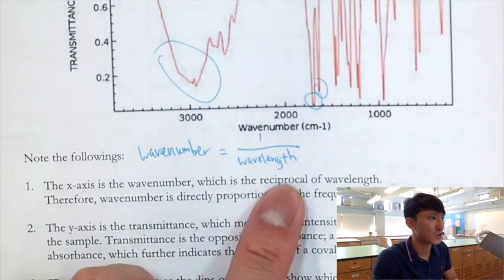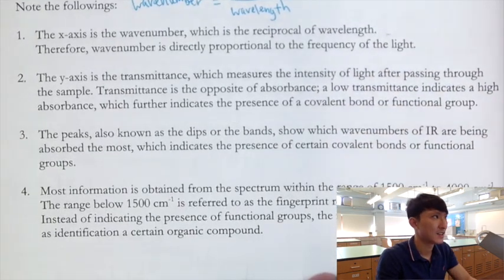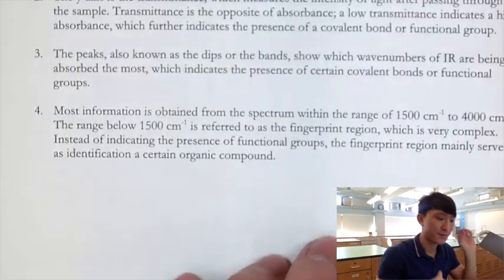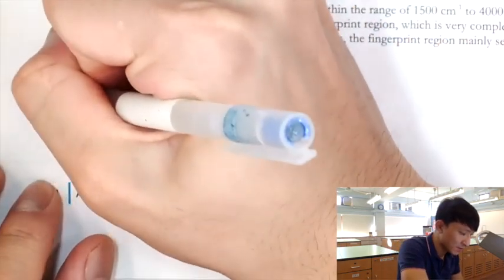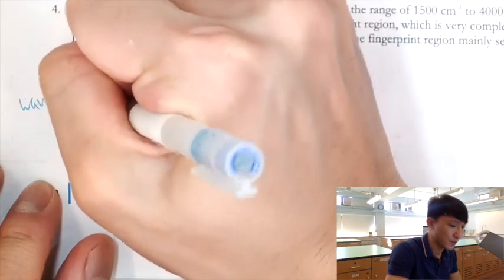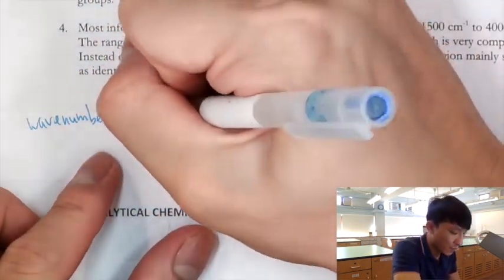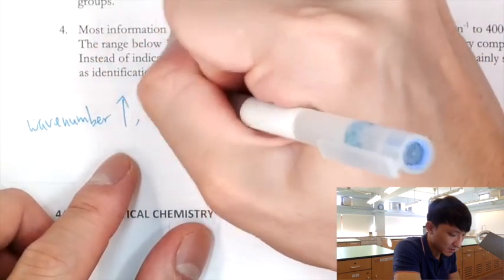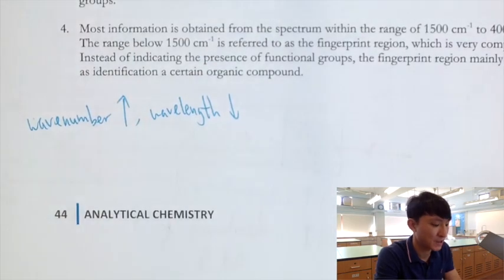Now I try to substantiate a little bit about the physics. If you have a high wave number, for instance, you know that the wavelength should be shorter, right?